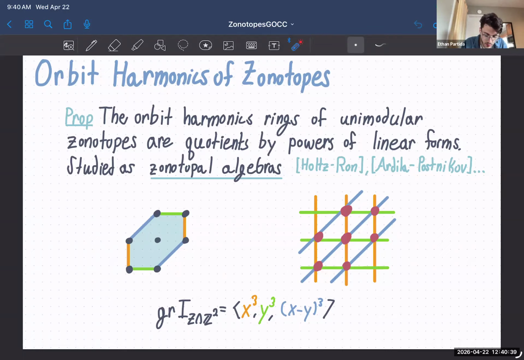And same thing with the blue and the orange. So all these sets of parallel faces. And because I'm just taking affine translates, once I take the top degree piece, I'll forget about all those translates and I'll be left with some powers of these equations cutting out the parallel faces. And this is true in general. I hope the picture was at least somewhat evocative. I'm going to black box the connection to zonotopal algebras from here on out.